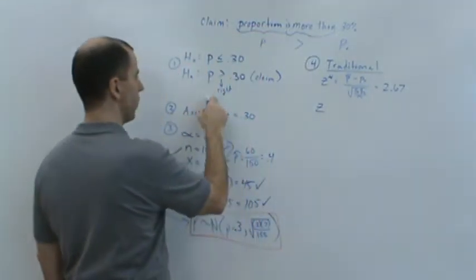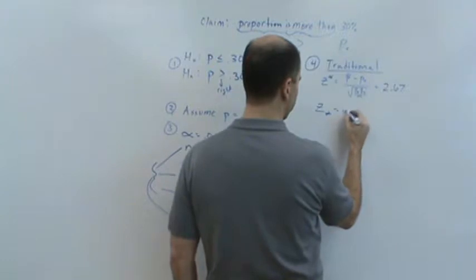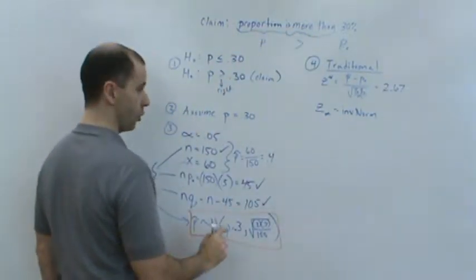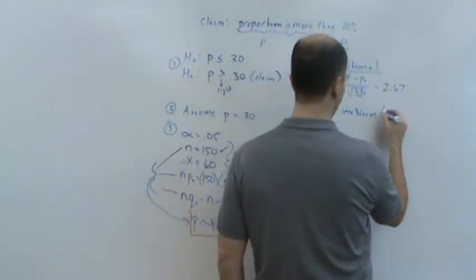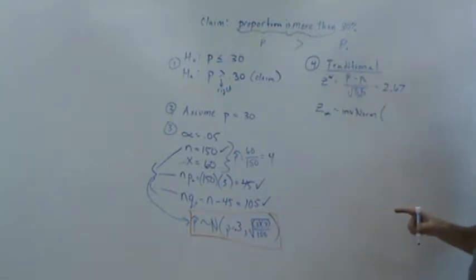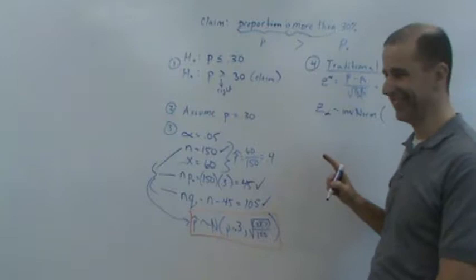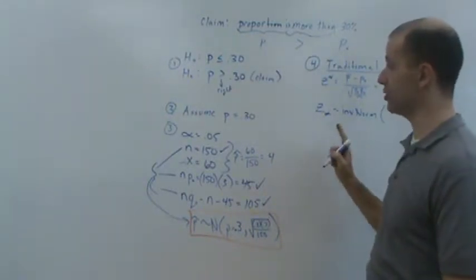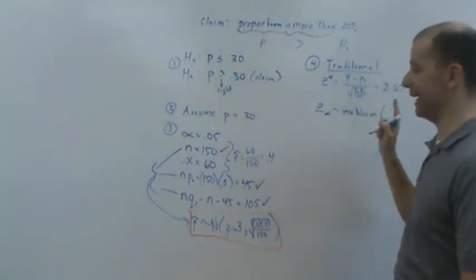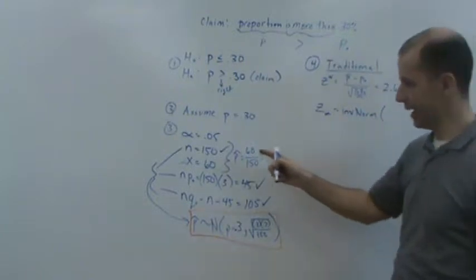Since it's a right-tailed test, we're looking for z alpha, so we're going to use inverse norm because it's a normal distribution. What do we need to put for our critical value? It's going to be the area to the left. But this is a right-tailed test, so the area in the right tail is alpha.